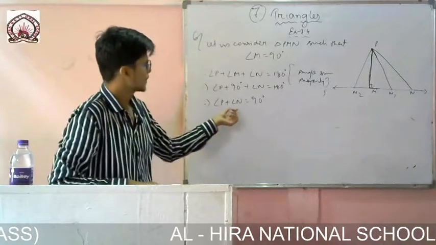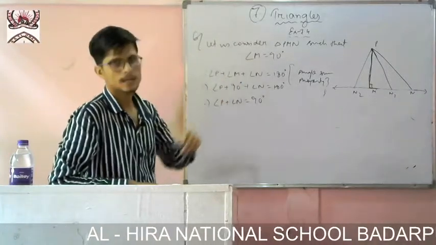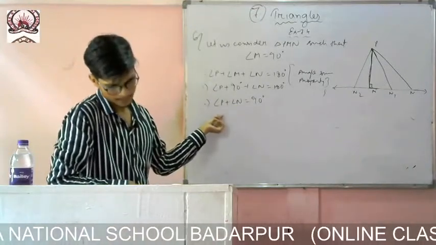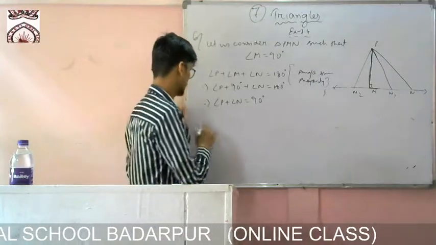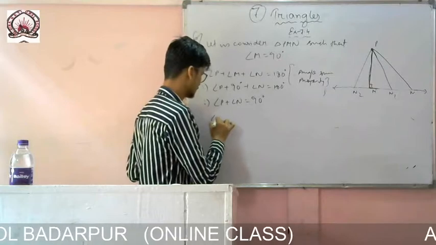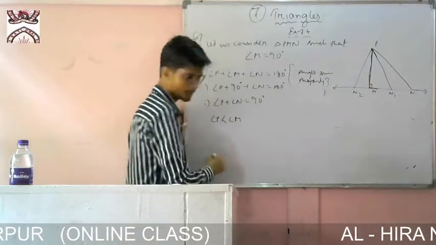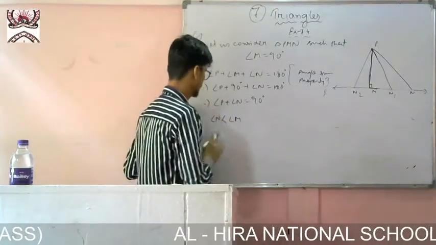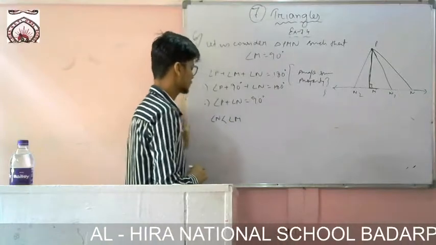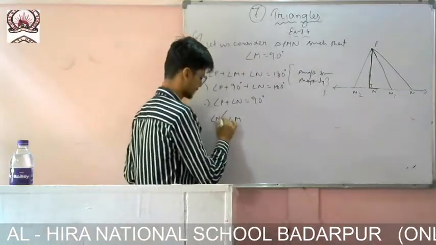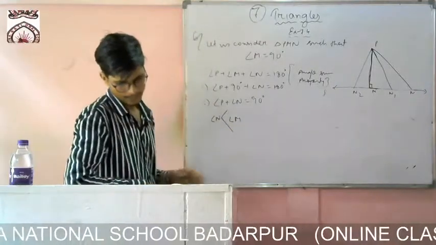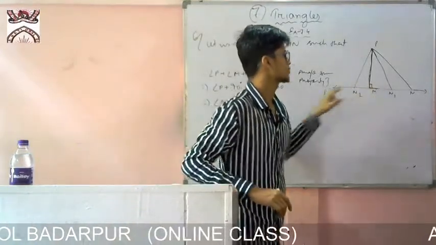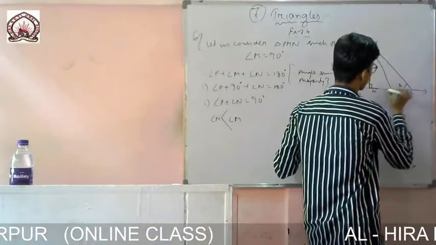So if this angle is 90 degrees, that means angle M is the greater angle, so angle M will be greater than angle N, and also greater than angle P. Therefore, angle N will be smaller than angle M. This is the smaller angle and this one is the greater.